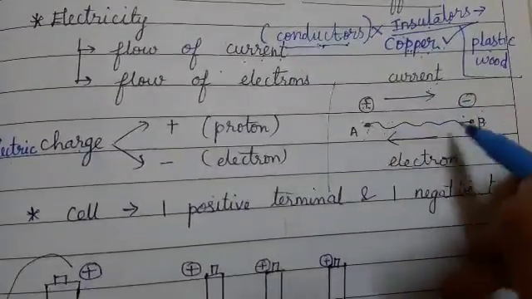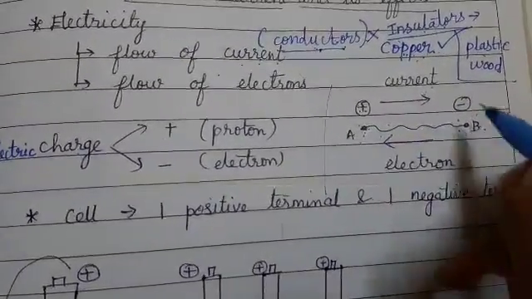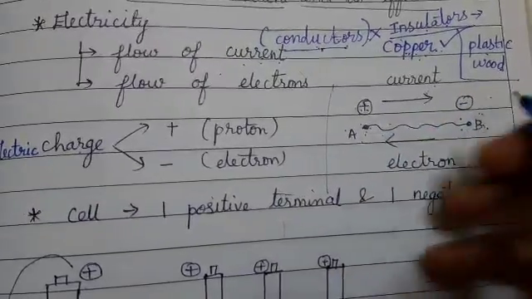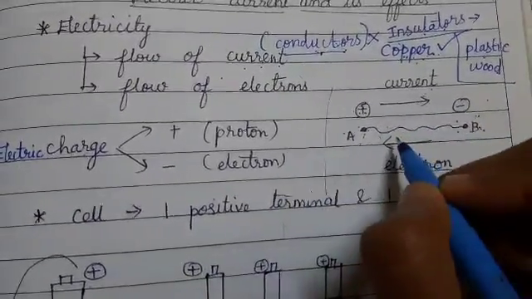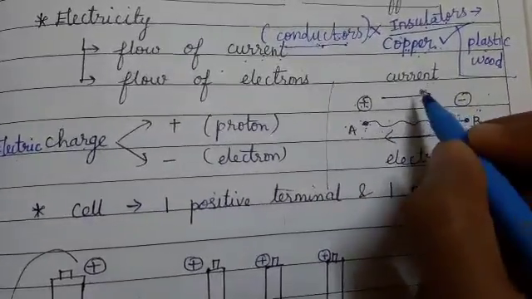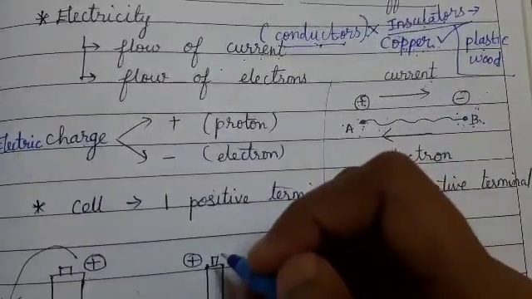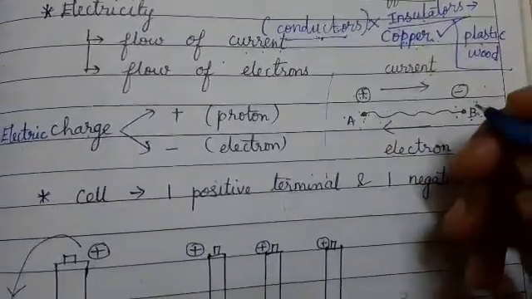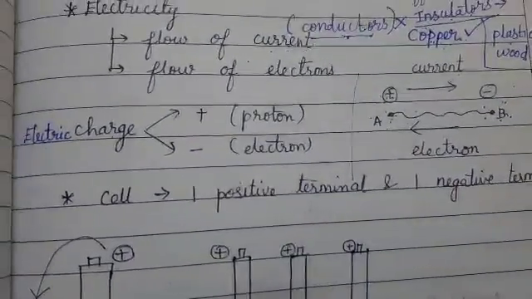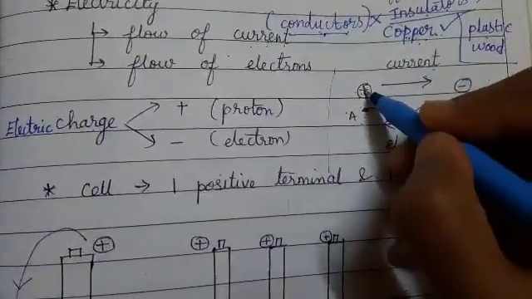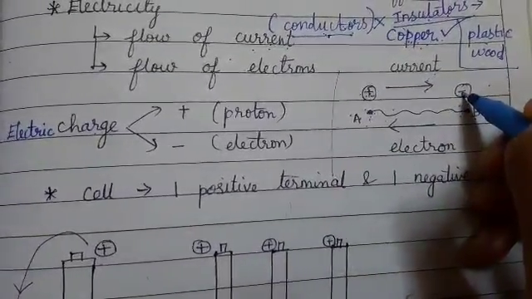So a wire is taken, there are two ends A and B. Each end I'm connecting to the positive and negative terminal. So in this connection, how will the current flow? In what direction does it flow? The current flow will always be from the positive terminal to the negative terminal.